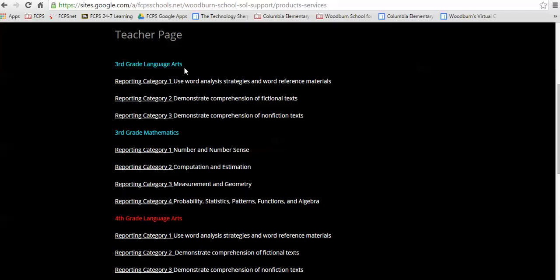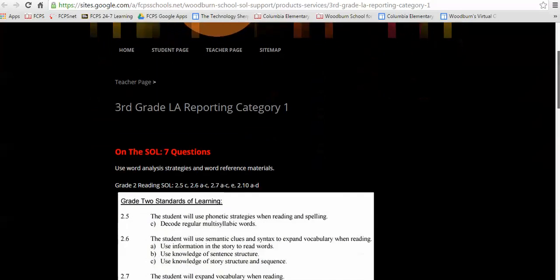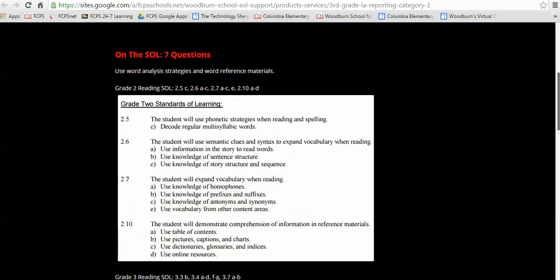Alright, so you get your scores back, and you notice that some students are a little weak in reporting category 1 for third grade language arts. So I'm going to click on that, and that category is word analysis strategies and reference materials. So I click here, and here I have the different standards.